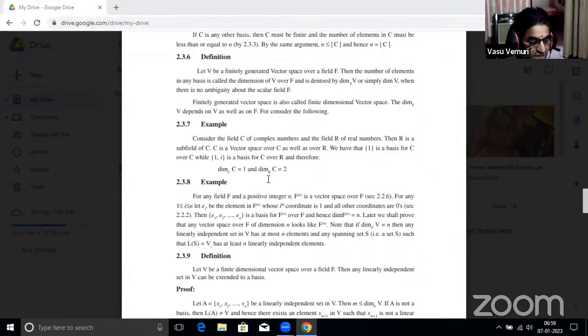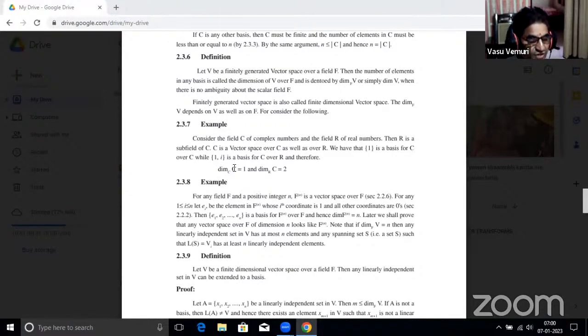Over the complex numbers, the dimension is 1. Over the real numbers, the dimension is 2. The set {1, i} is a basis for C over the real numbers.